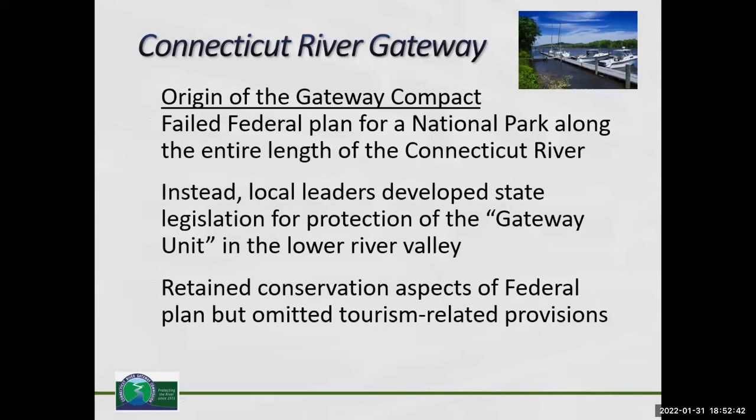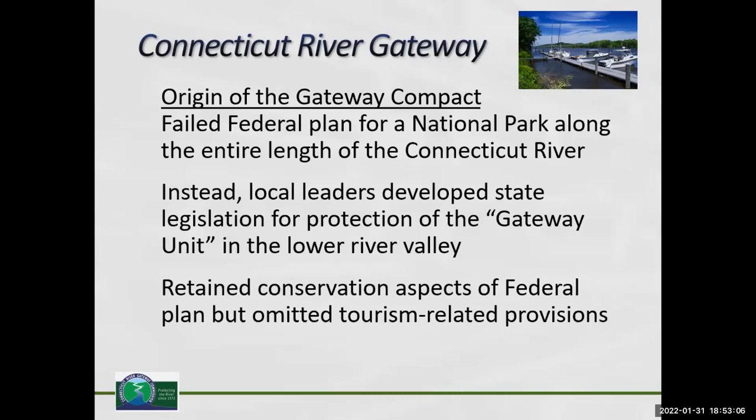The original reason for the Gateway Compact was back in the late 60s, when the federal government planned to establish a national park along the entire length of the Connecticut River, 410 miles from Canada down to the mouth of the river. And it was going to be divided into 4 discrete units.